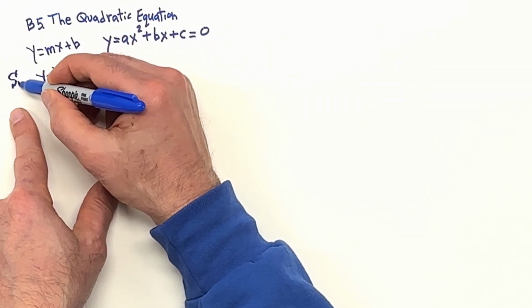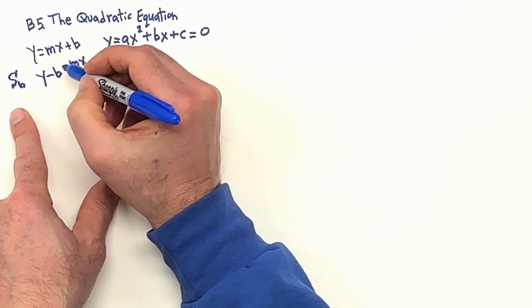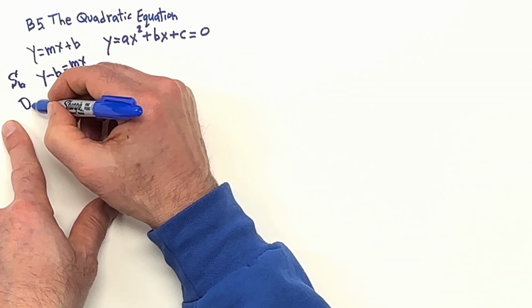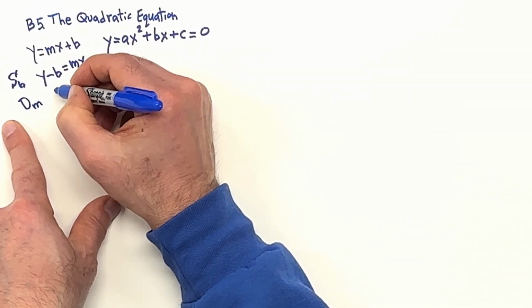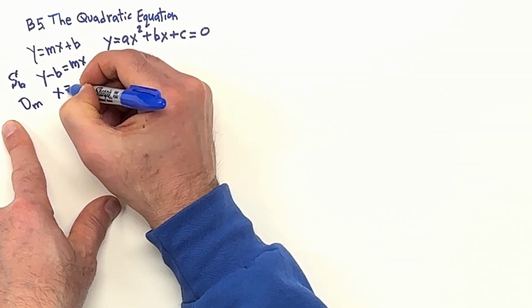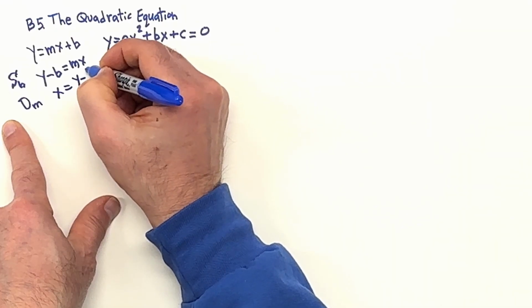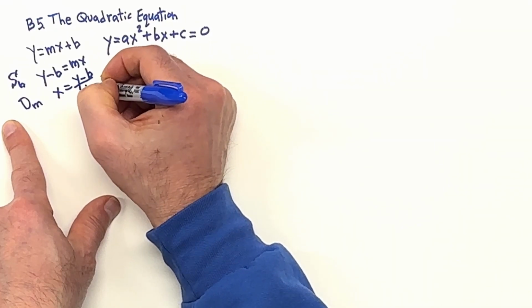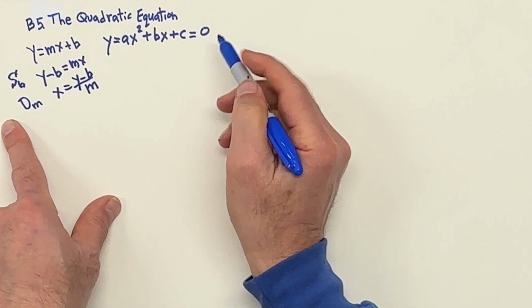S for subtraction, subtract b from both sides, and then we're going to divide by the m. And the answer is x equals y minus b over m. To make our analogy better, we should set y equal to 0 in the linear case, and then we will have x is equal to minus b over m.